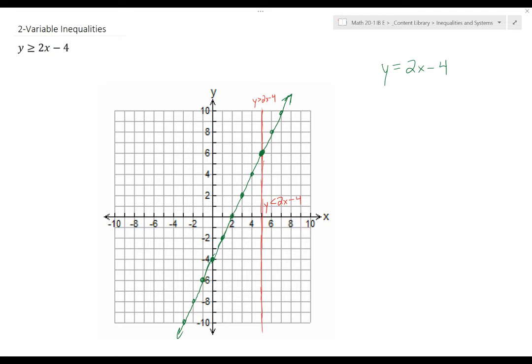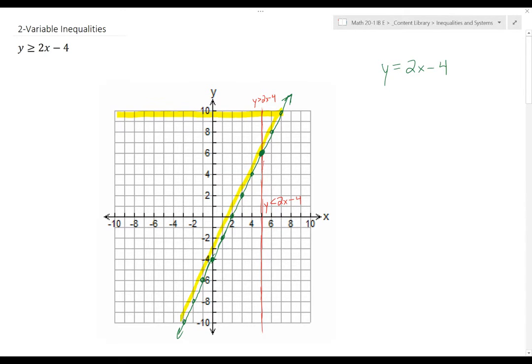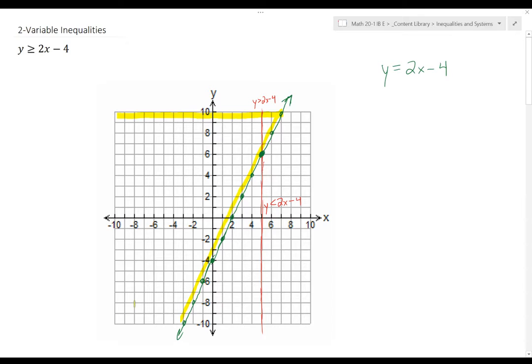So since I'm looking for where y is greater than or equal to 2x minus 4, I'm looking at this entire region above the drawn line, the border line, because for every point in that region, the y value is going to be greater than or equal to, if it happens to be actually on the line, 2x minus 4. And we can prove that this is true.